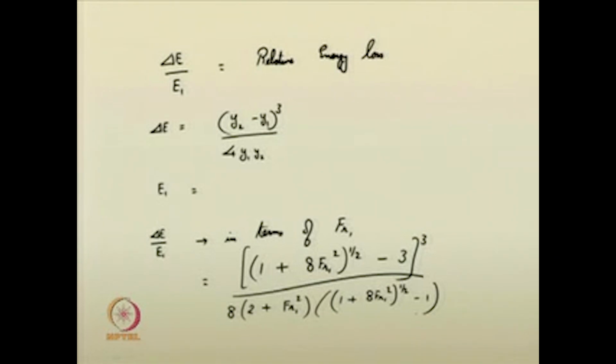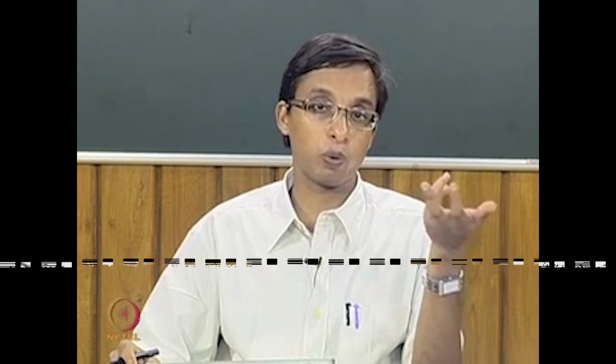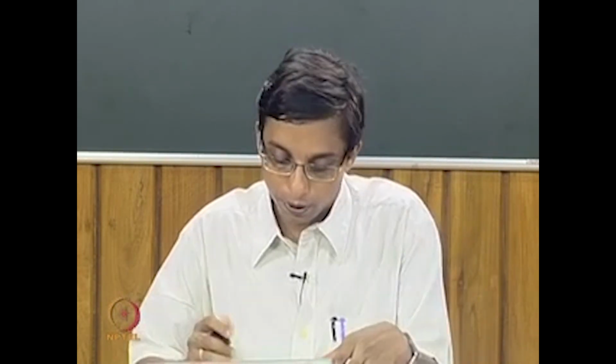So if we have these corresponding ratios in terms of the upstream Froude number, then the upstream Froude number is the only quantity you require. From that you can easily analyze the jump in rectangular channels.